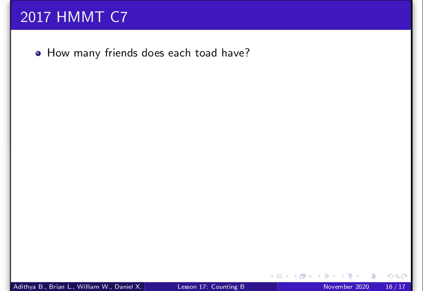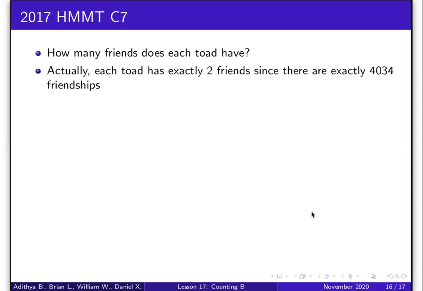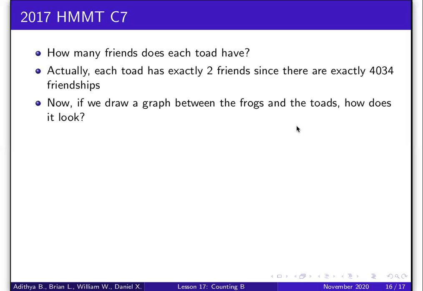And now, as people were suggesting earlier in the chat, we're going to use graph theory. We're going to construct a graph between frogs and toads, where a frog and a toad are connected if they share a friend. So now what does our graph look like? Remember that every vertex has exactly 2 edges.